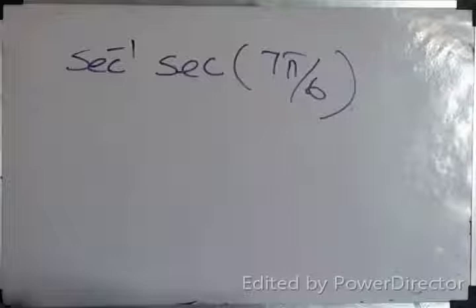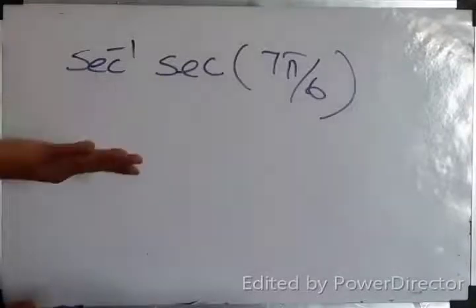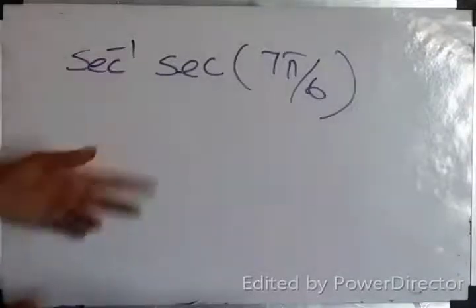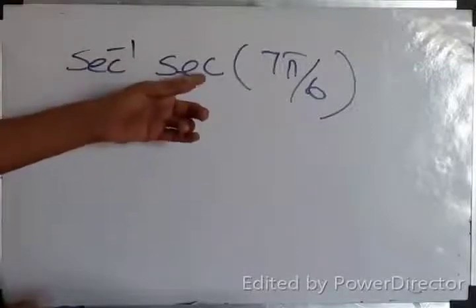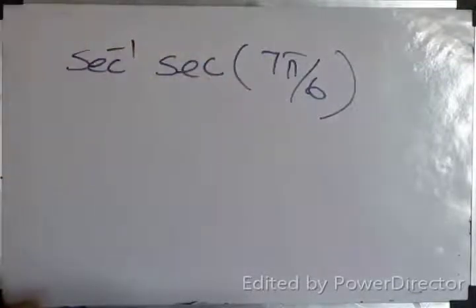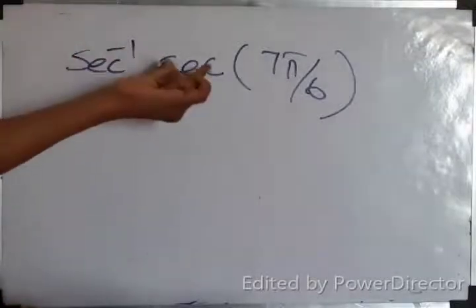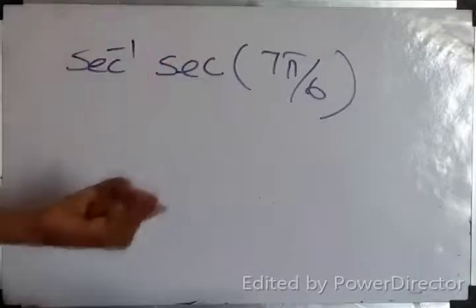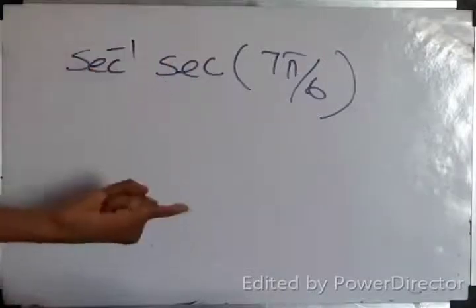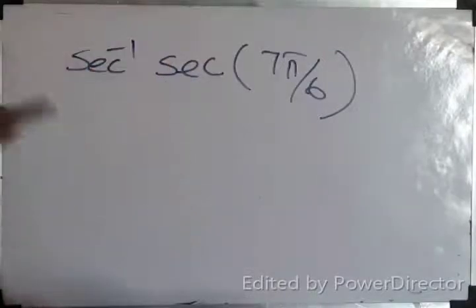So either I can subtract from pi or from 2 pi. Only then will secant stay in secant form itself, otherwise you will convert into cosecant. You should not convert into the other format. So for secant, I have to subtract either from 180 or from 360.